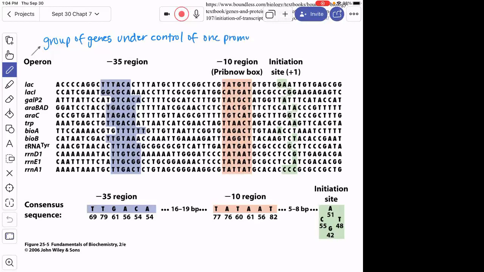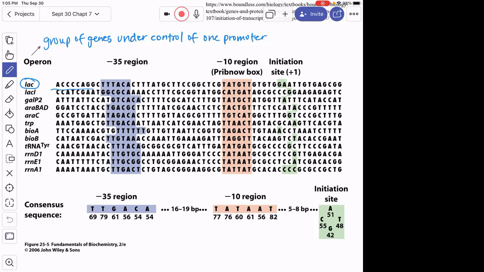And we're going to talk more about operons soon. But this just lists, we figured out there are between 600 and 700 different operons in E. coli alone. So this is just a list of some of the sequences of those promoter regions in different operons. So ignore most of them. The Lac Operon, that's the one that people are most familiar with.